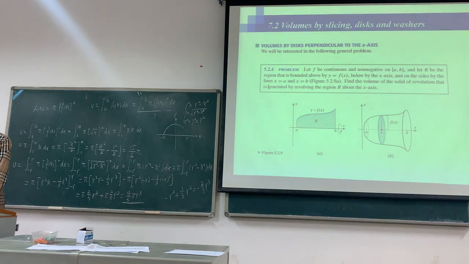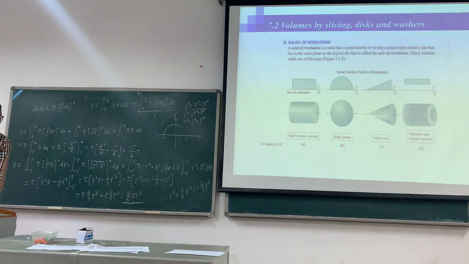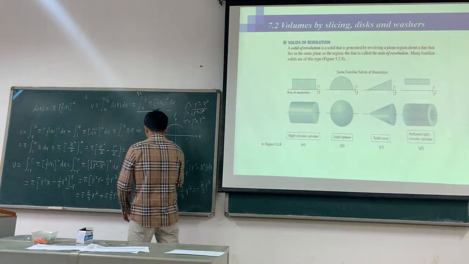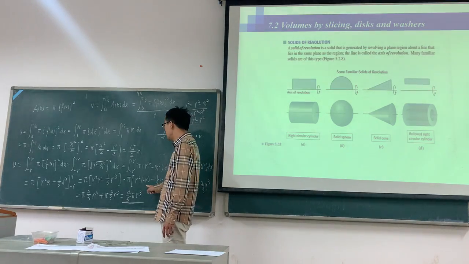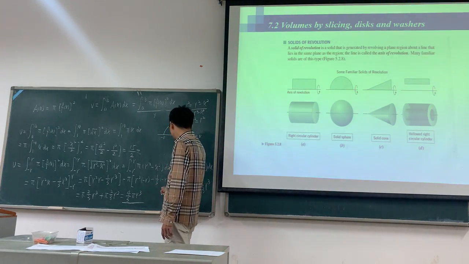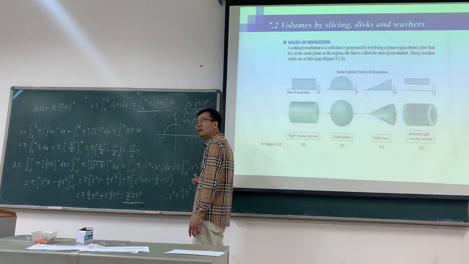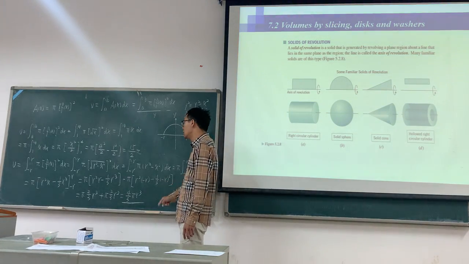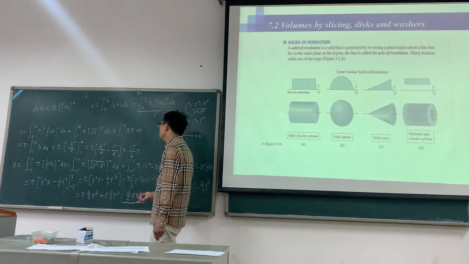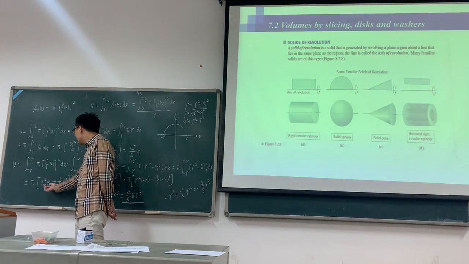Wait, can you just explain again how you found 4 by 3 pi r cubed, please? Yes, after that step, how do we find it? So from here, you let x equal to r.